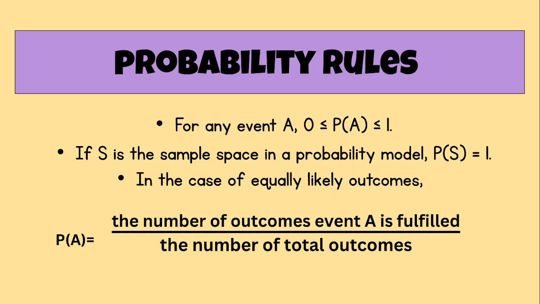The probability of getting an even number is the number of outcomes where an even number shows up, which is 3, divided by all the outcomes of throwing a die, which is 6. This will give us 3 out of 6 or 0.5, which means that there is a 50% chance that we roll an even number.